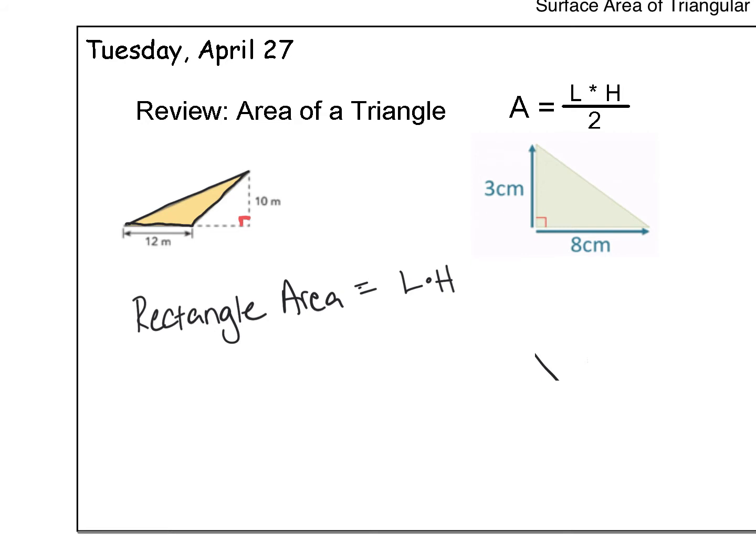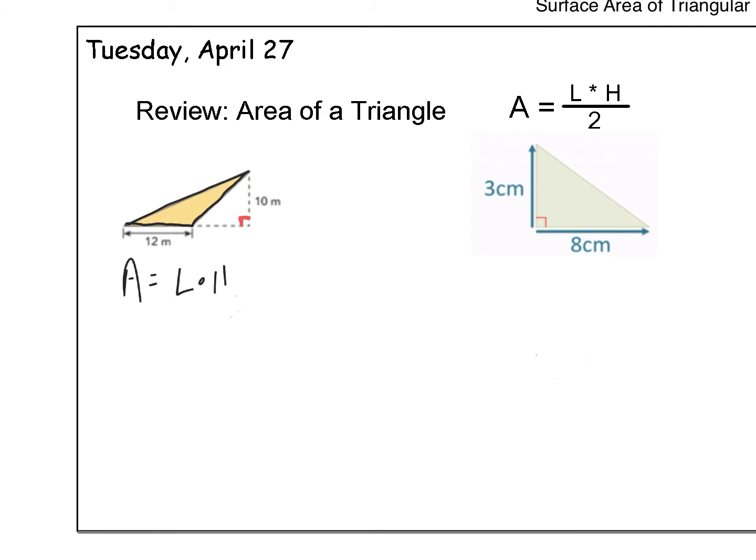All right, so let's keep going then with our measurements for today to find the area of these triangles. So let me just erase this really quick. Okay, so for our first triangle here, our yellow triangle, we're going to use that formula, A equals length times height divided by 2.